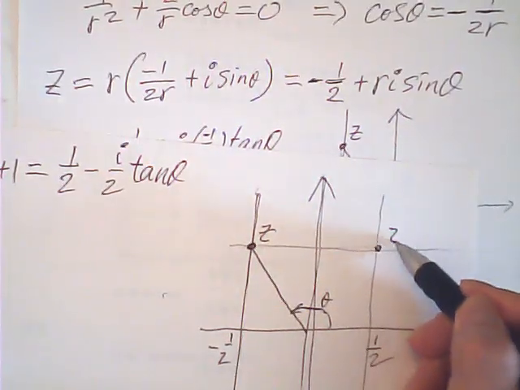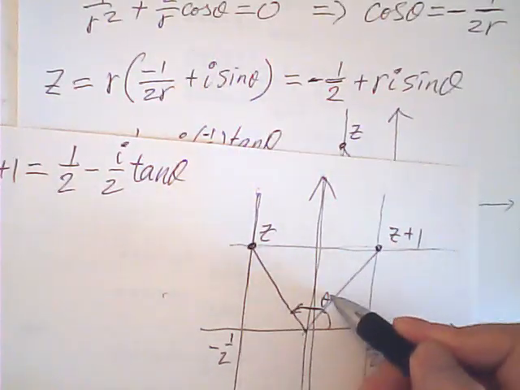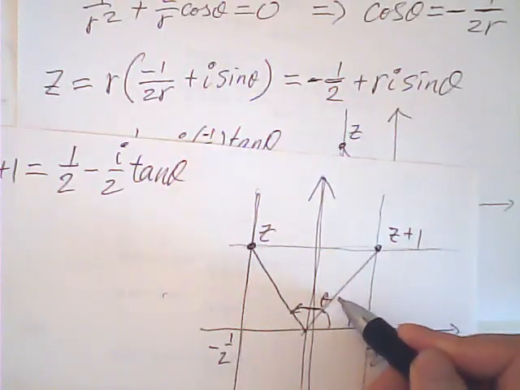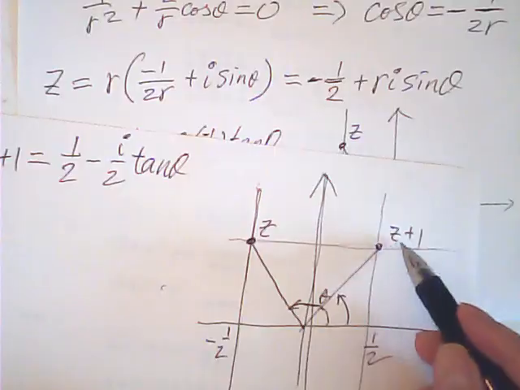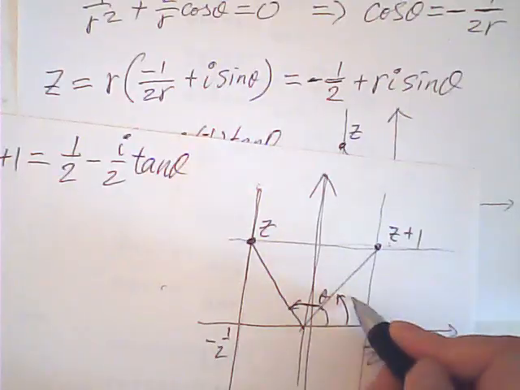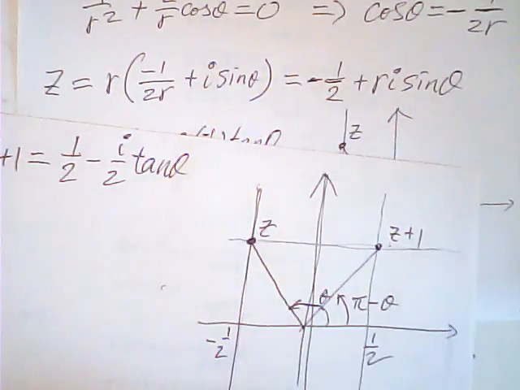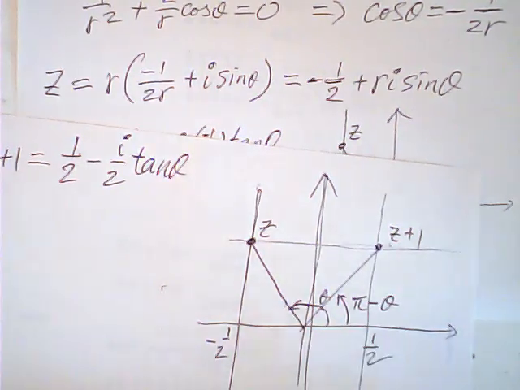So this is z plus 1. Okay. This is the angle. This is the argument for z plus 1. This angle must be equal to pi minus theta, right? Because this is theta, so this angle is pi minus theta.